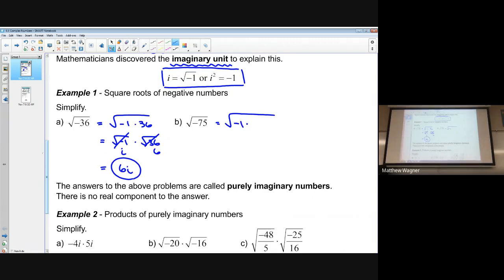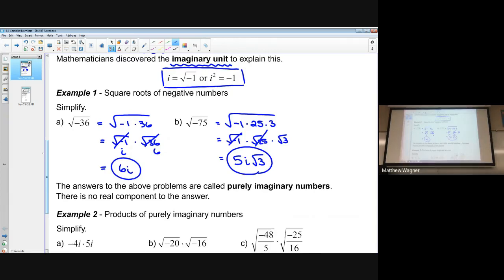Perfect square factors of 75 are 25. 3 is not, but this will help me break it down. So we have the square root of -1, square root of 25, and the square root of 3, which means we have 5i times the square root of 3 is the square root of -75.